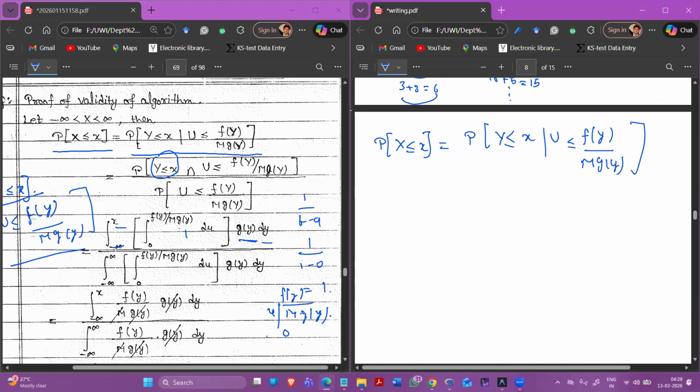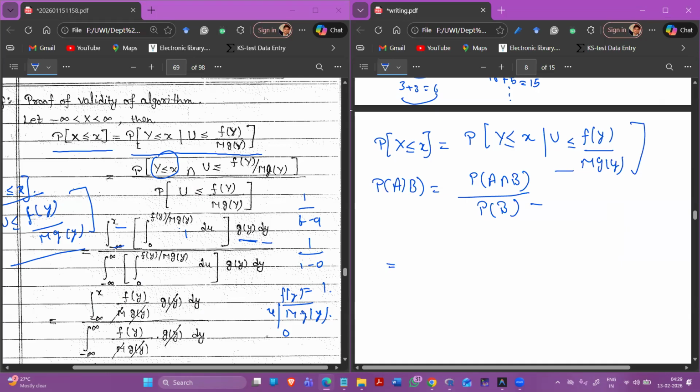So this is the conditional probability, your probability A given B. What is the formula of probability A given B? Probability A intersection B divided by probability B. Correct? This is the formula of conditional probability. Apply this formula here.